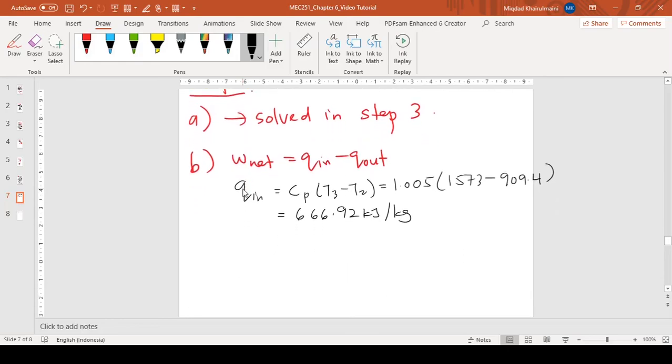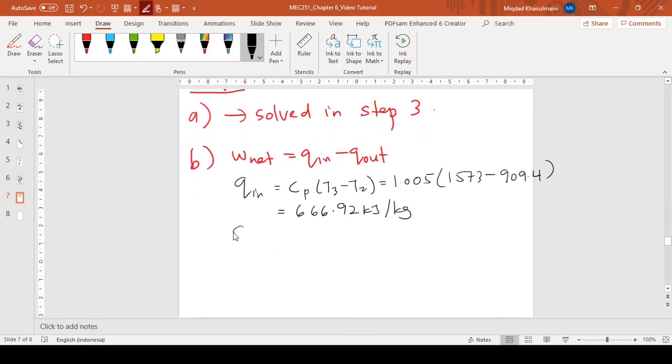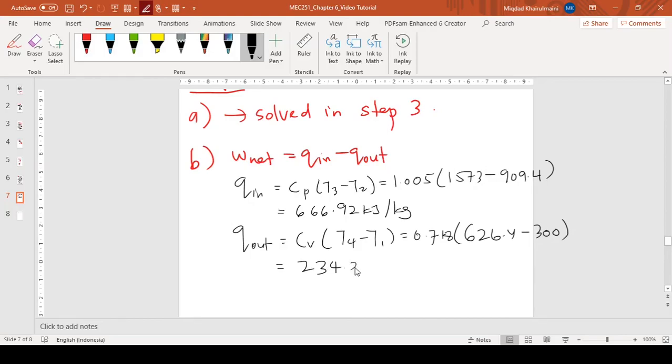For the amount of heat rejected, Q out, we have written the equation just now, so we can substitute the values. T4 was 626.4 Kelvin minus T1, so we get the amount of heat rejected as 234.21 kilojoules per kg.